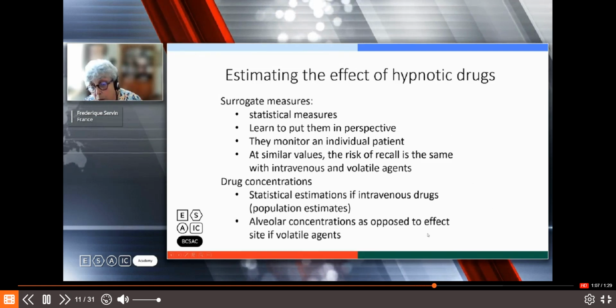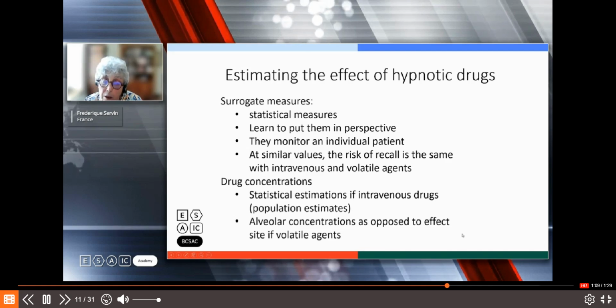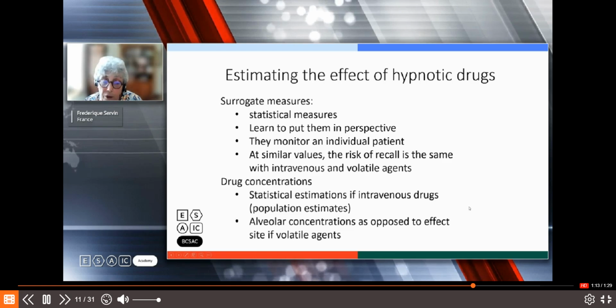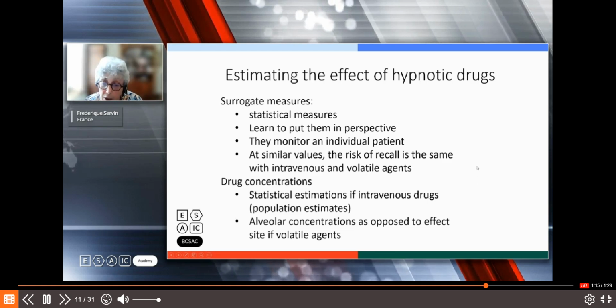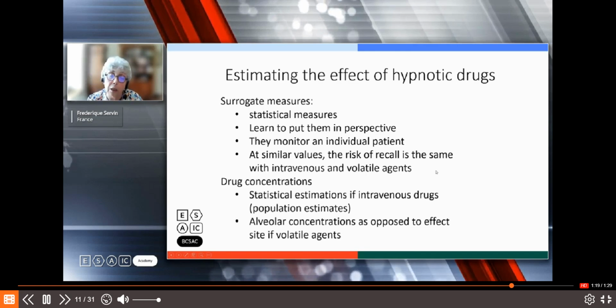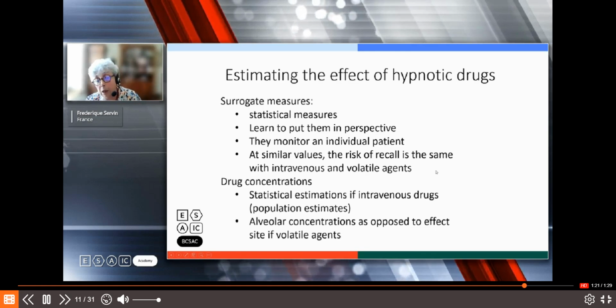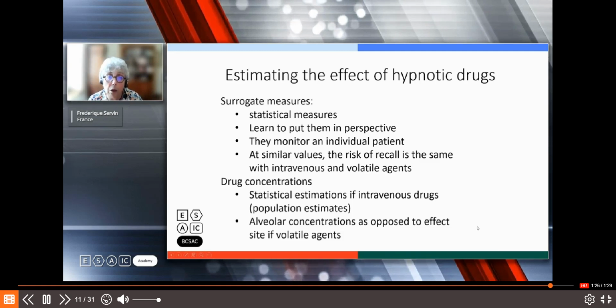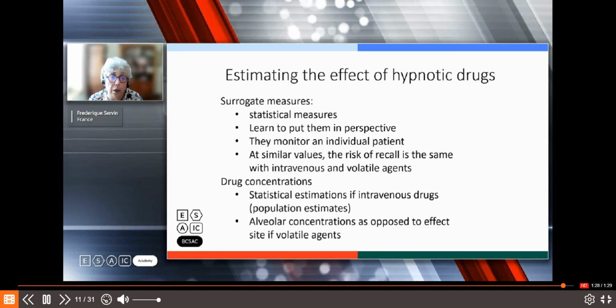But always remember that what you measure is alveolar concentration and not effect site in volatile agents, unless you have a device which can calculate the effect site concentration of volatiles.